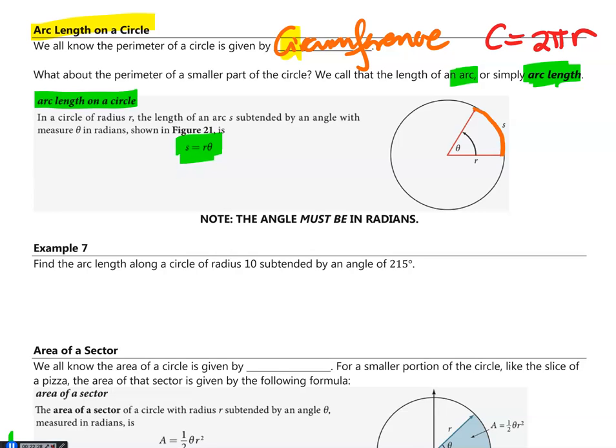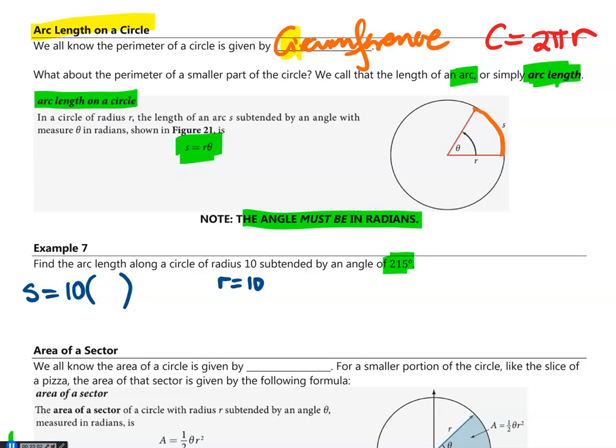So example 7, find the arc length on a circle of radius 10 when an angle of 215. So the radius is equal to 10. So S is equal to 10 times the angle, and take note that the angle must be in radians.